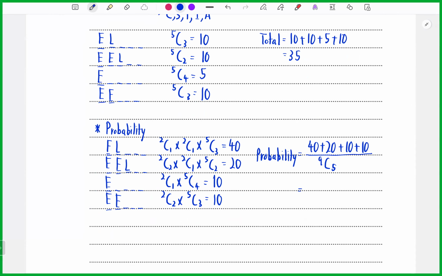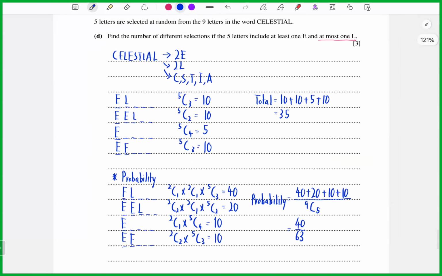Okay, so you will get the answer is 14 over 63. Okay, you can try doing this practice by yourself. Okay, because sometimes the question will be tricky. Okay, the answer is 35 only.